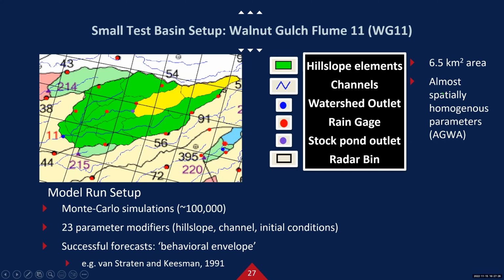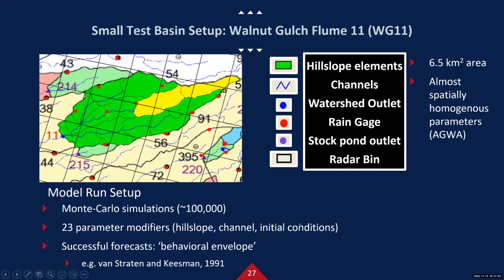And when you look at the soils and the land cover data, you've got almost homogeneous parameters initially estimated out of AGWA. So he went through Monte Carlo simulations in which the 23 different parameters were modified using a multiplier to move that parameter up and down.